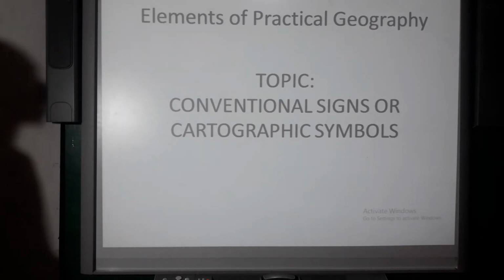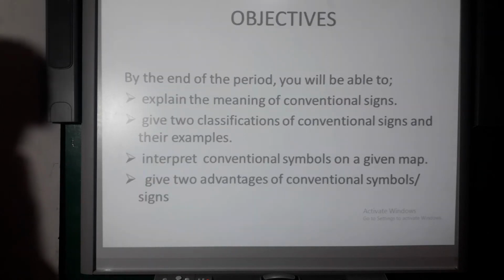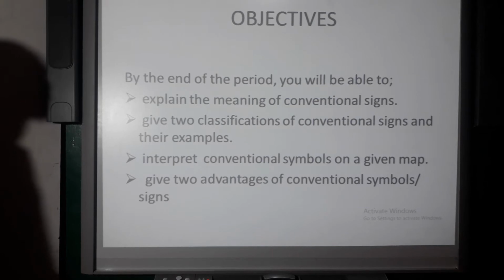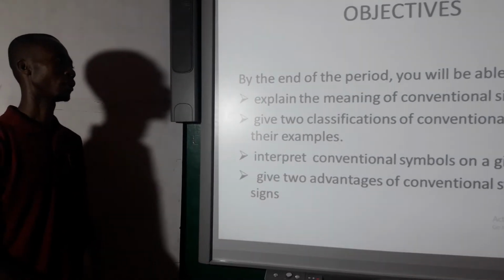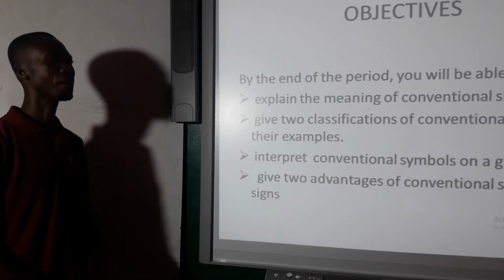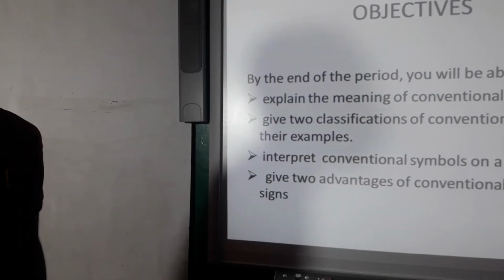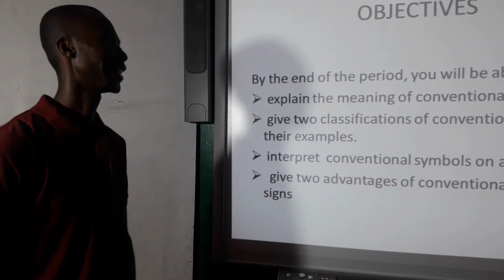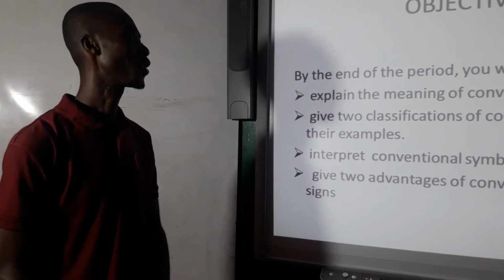Before we start, let us consider the following objectives. By the end of the lesson, you will be able to: 1. Explain the meaning of conventional signs, in other words, cartographic symbols. 2.